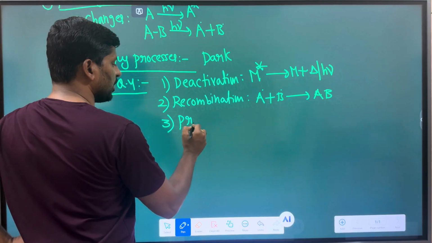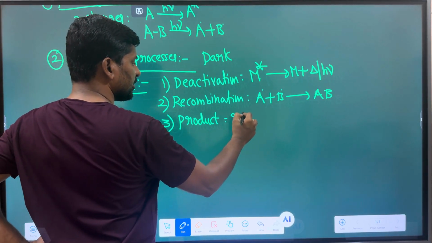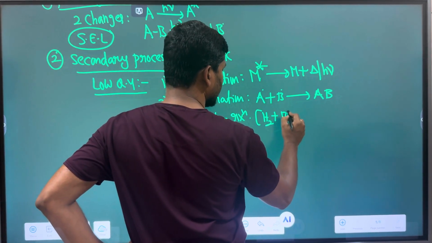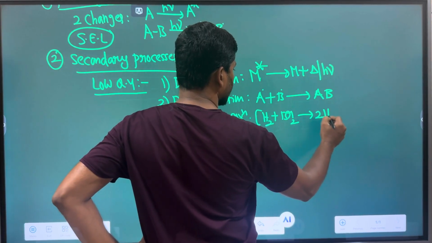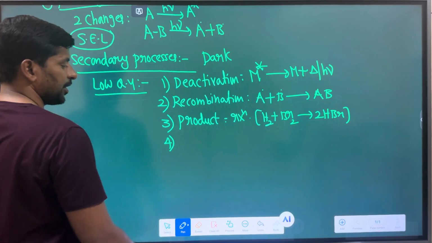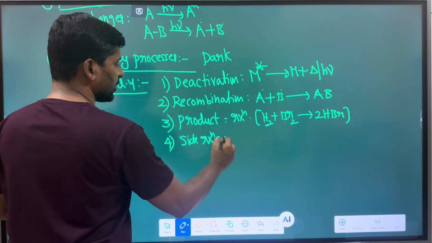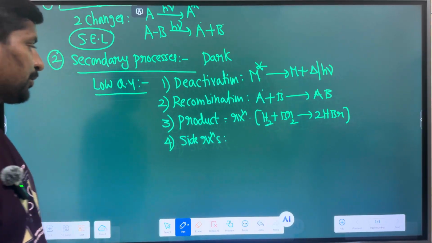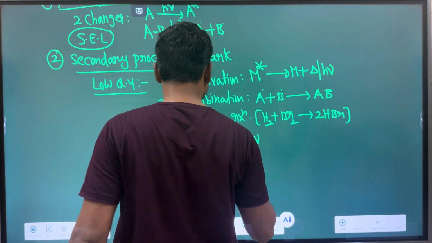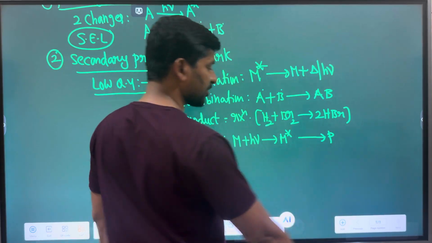Another reason is that the product itself may participate in the reaction. This is observed in the case of the H2 and Br2 reaction, and I will explain it. Next, side reactions may be observed. M plus h nu gives M star, which has to participate in the reaction to give product.